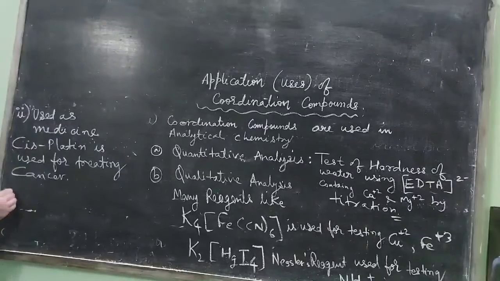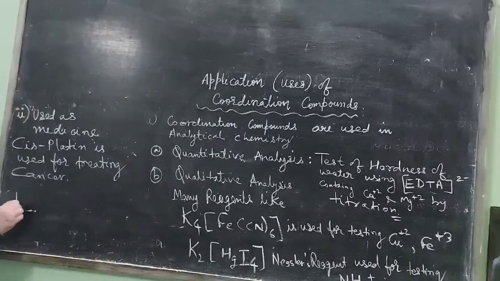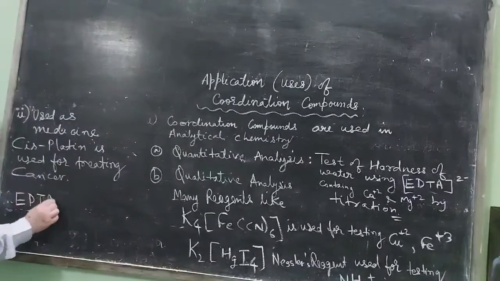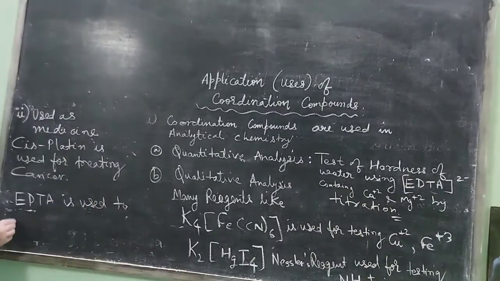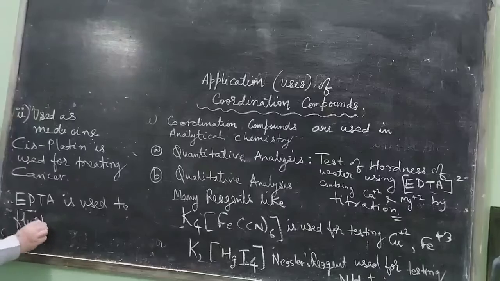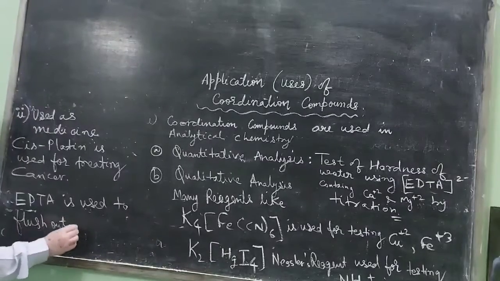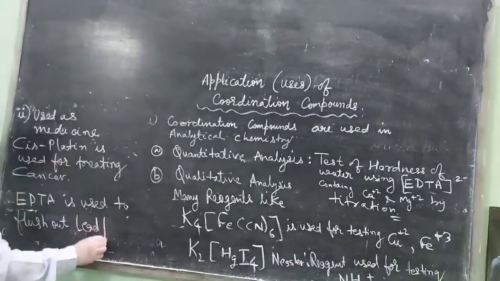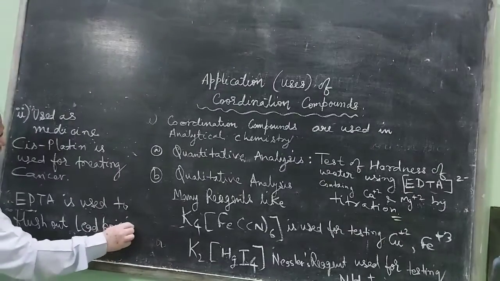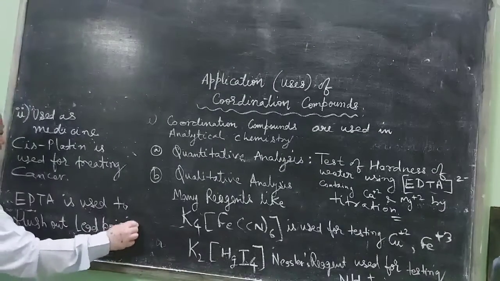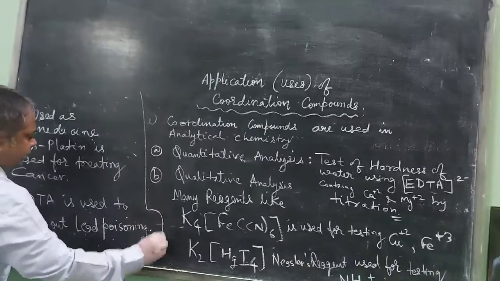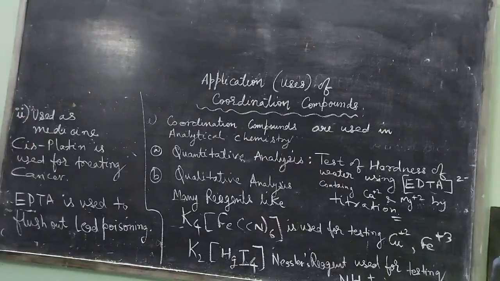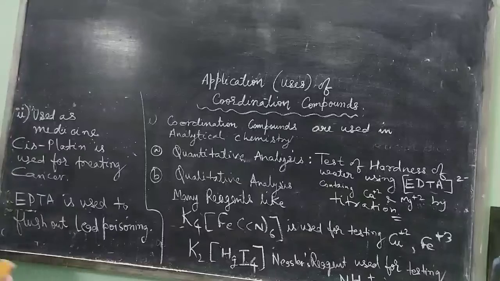EDTA is used to flush out lead poisoning. If by some reason heavy metal poisoning takes place, then doctors use EDTA for flushing out the poison.